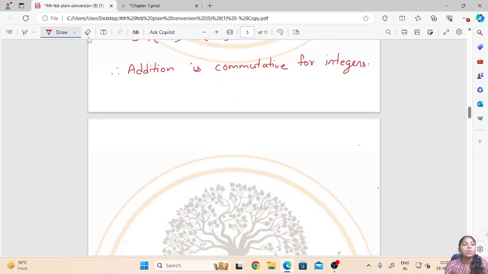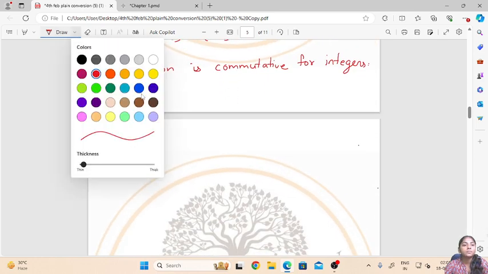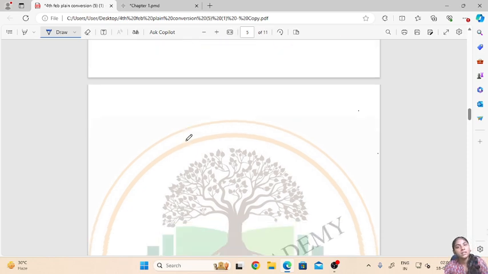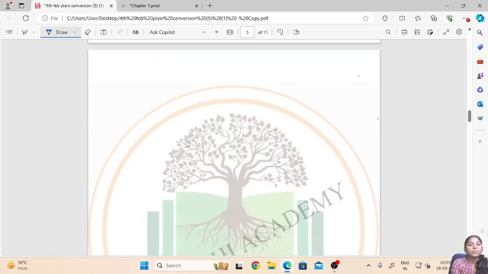So now for whole numbers we know that subtraction is not commutative, because 10 minus 5 we can do, the answer will be 5, but 5 minus 10 we cannot do, because in whole numbers negative numbers do not exist.